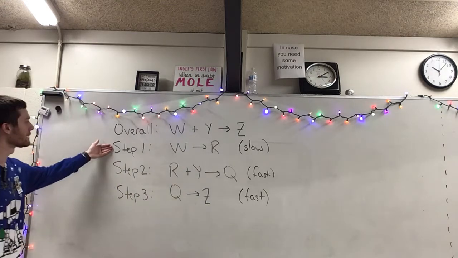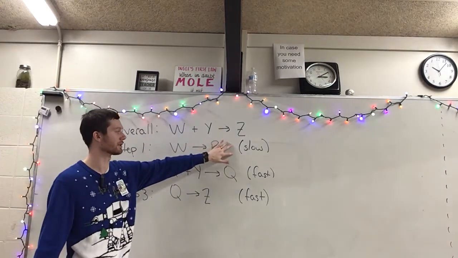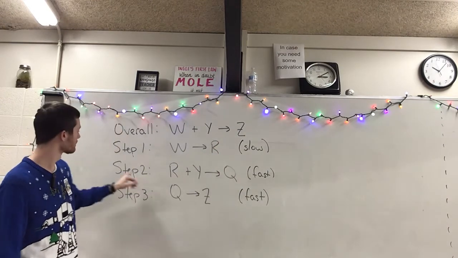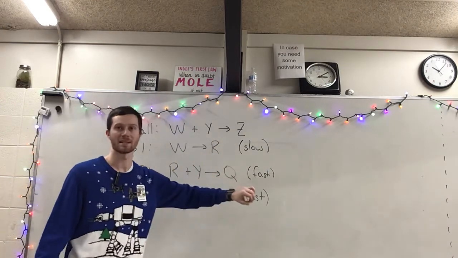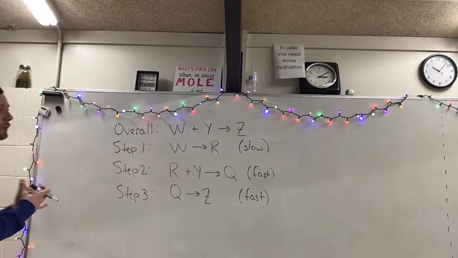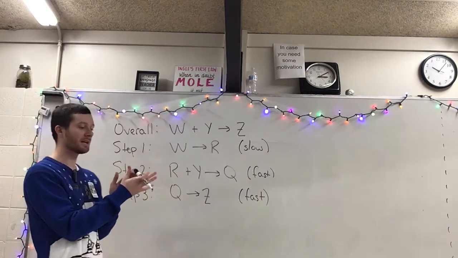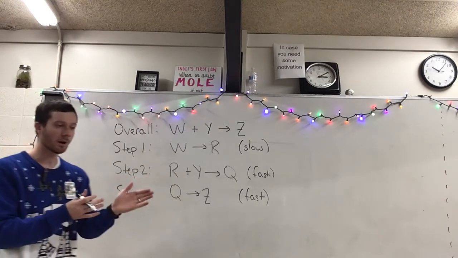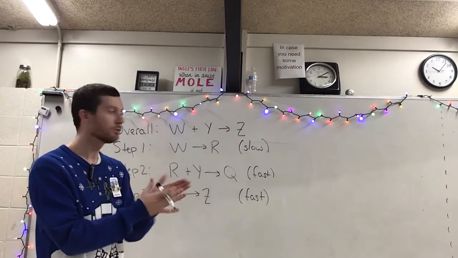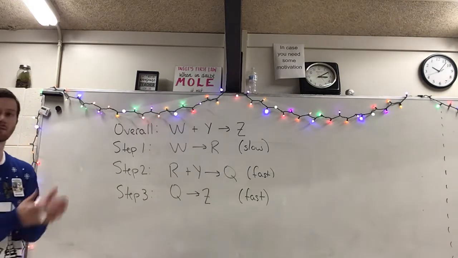You'll notice that step 1 is labeled as the slow elementary reaction, where step 2 and step 3 are the fast elementary reactions. As for which of these is faster, who cares? Because think of it as being on an interstate. If there's a slow car in front of you and you're stuck in that lane, you may only go as fast as that car that's in front of you.